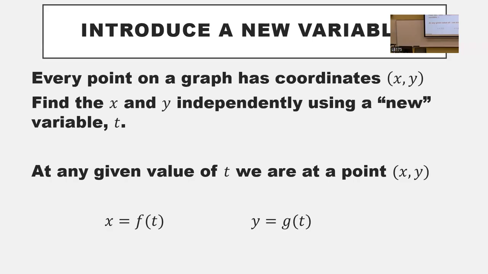I'm going to give you a value for t, and you'll be able to figure out at that t value, what point are you at? The way that's done is we set x equal to a function of t, and we set y equal to a function of t.